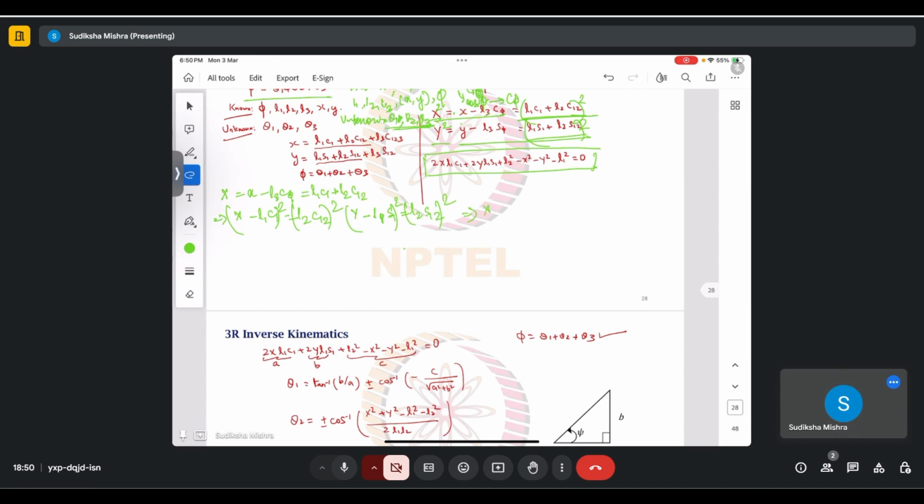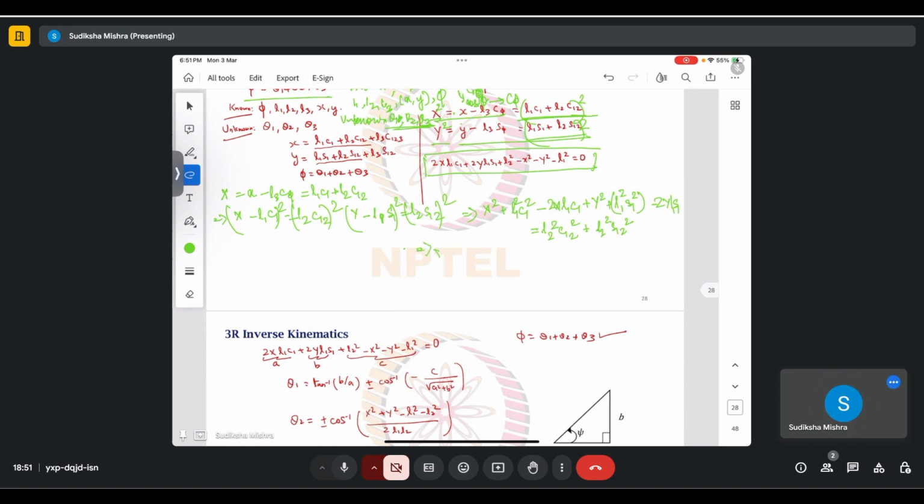and adding them, we get x square plus L1 square C1 square minus 2x L1 C1 plus y square plus L1 square S1 square minus 2y L1 S1 is equal to L2 square C12 square plus L2 square S12 square.